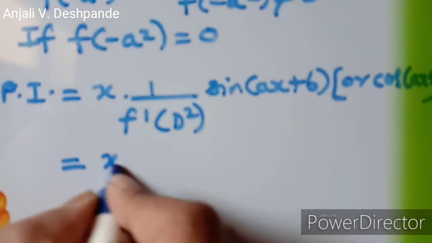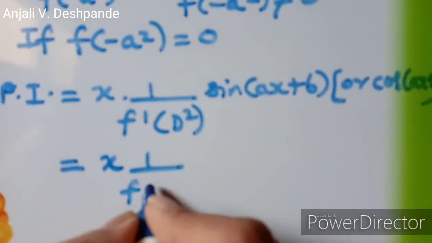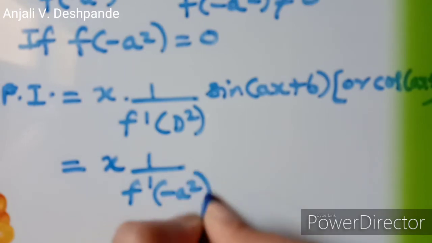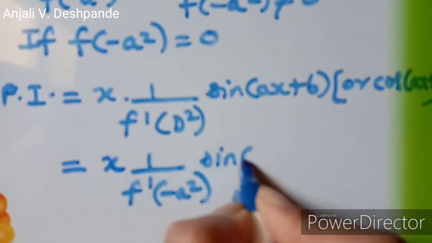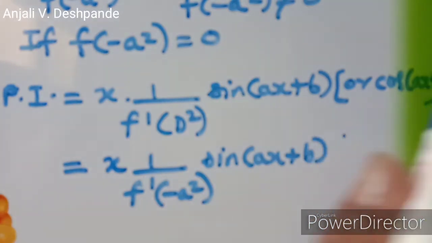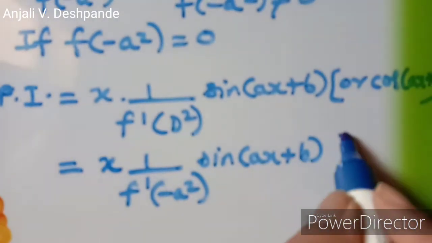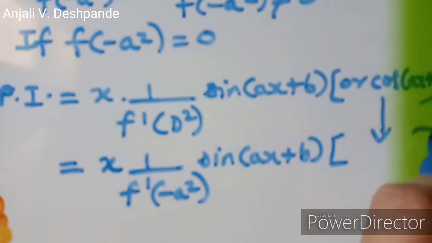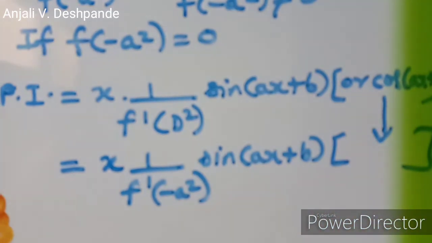So this will give you x times 1 upon f dash of minus a square, sin(ax plus b), or it might be cos(ax plus b).